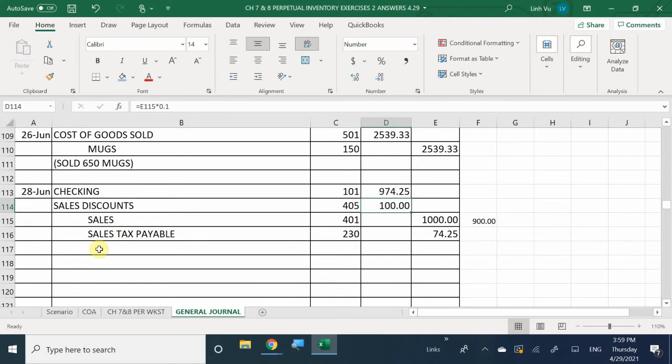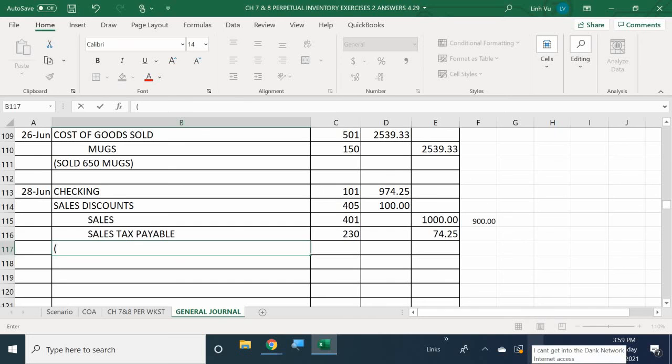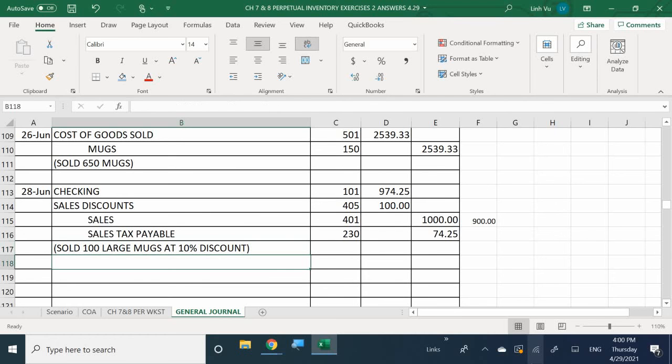Awesome. And once again, you also need to make a note that you did sell to this customer, because you're receiving money from customer C. So in this case, I'm going to say I sold 100 large mugs at 10% discount because I gave him that discount.